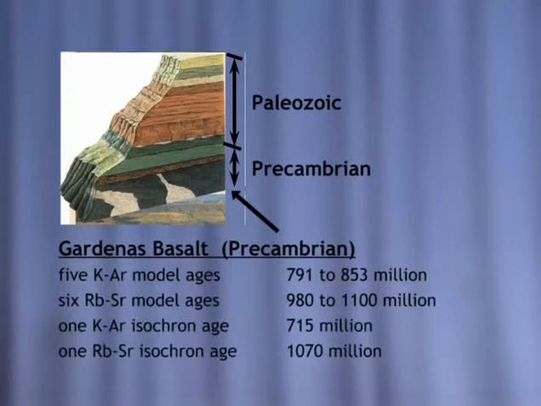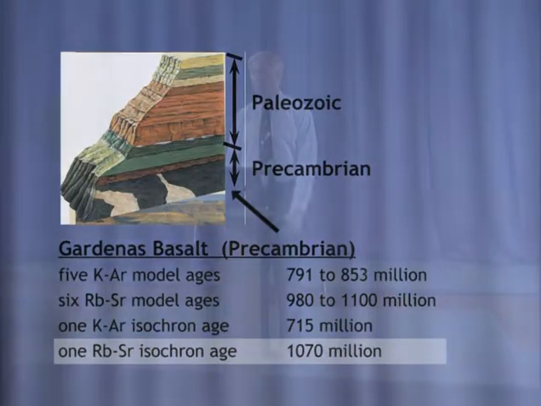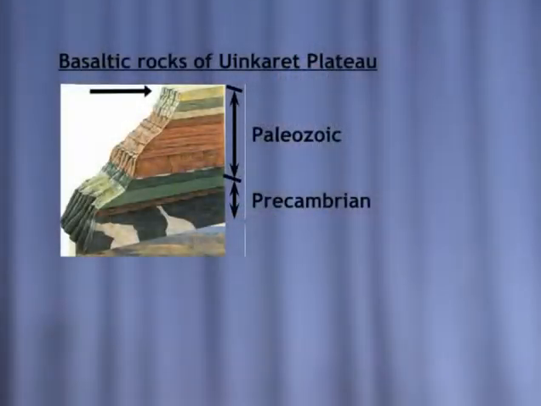And notice the different ranges of the dates we got. That alone should invalidate the whole dating process when you get so many different ranges of dates. So which one did they choose? Well, they chose the 1 rubidium strontium isochron. And they dated this rock at 1,070,000,000 years old.